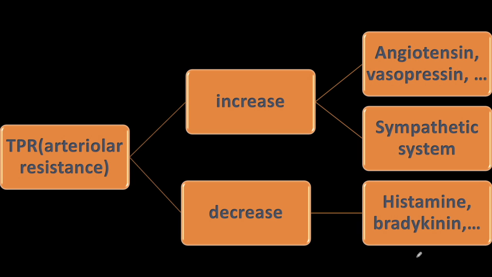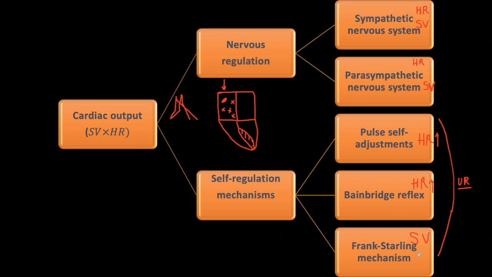We could, for example, use drugs to block angiotensin receptors, so that it won't increase our total peripheral resistance and our blood pressure will decrease, right? Or for example, we might just transfuse some amounts of blood to a person so that his blood volume will increase, and the patient's blood pressure will increase as well.